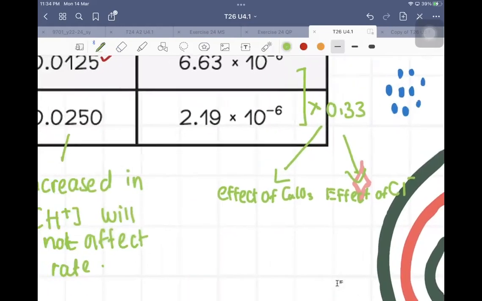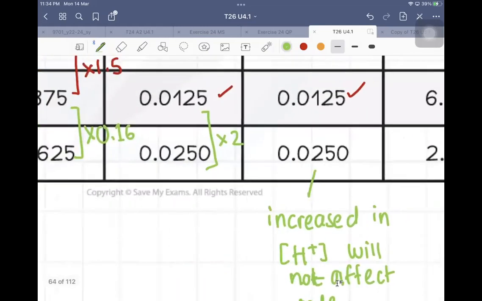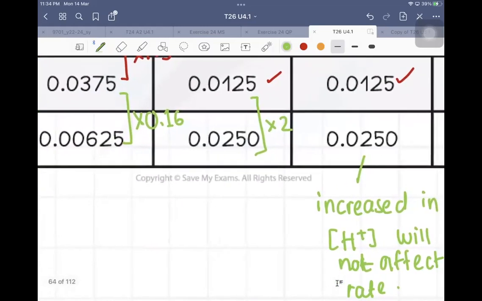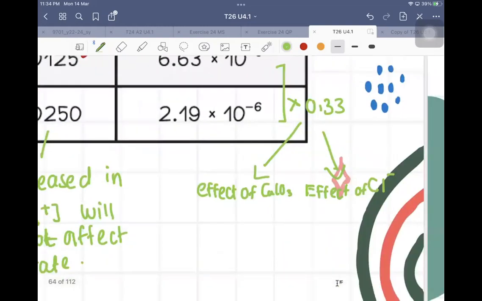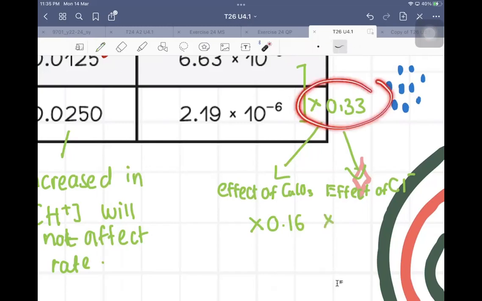So since my calcium carbonate is first order, increasing the concentration, or rather here decreasing, but changing by 0.16 means I would also change the rate by 0.16, okay? My total decrease for that matter is 0.33.